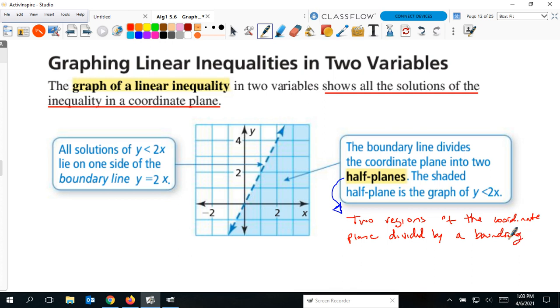Okay, so it's divided by a boundary line. And then also you want to put down this here.